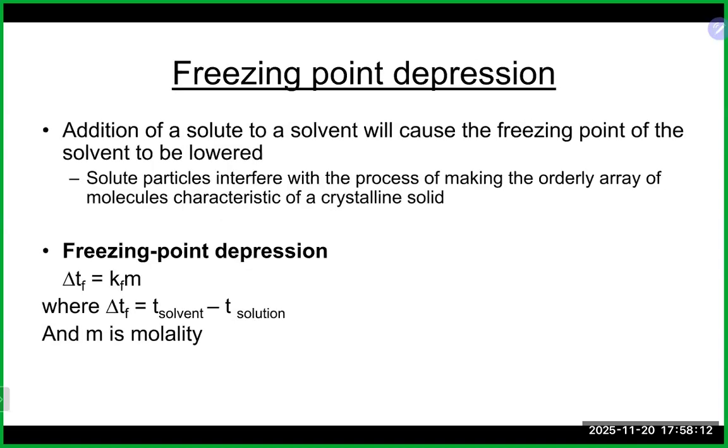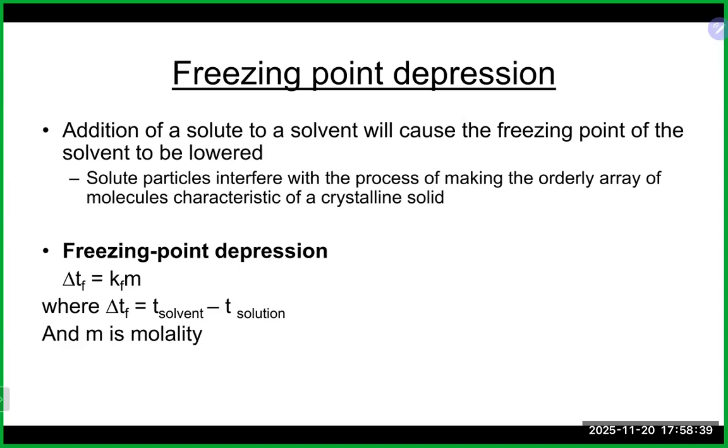The next property we're going to talk about is freezing point depression. So just like with the vapor pressure, again, having particles in the solution will actually lower the freezing point. So where a solvent would freeze normally, having something dissolved in it will cause the freezing point to go down from where it started.